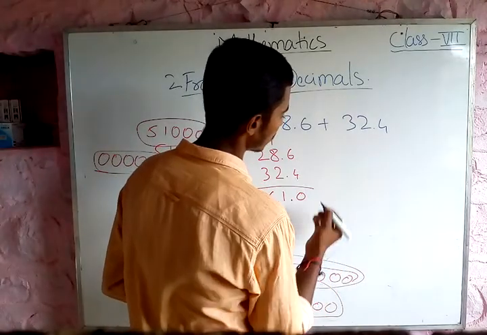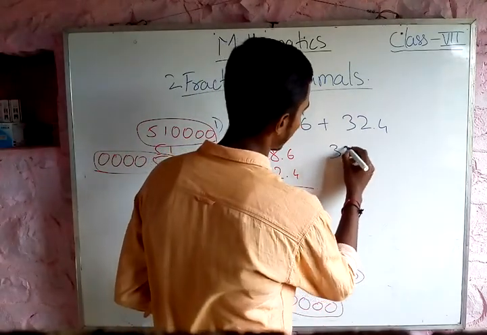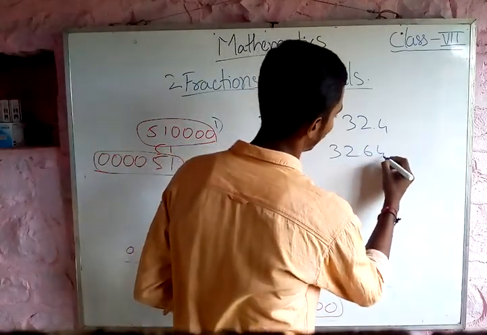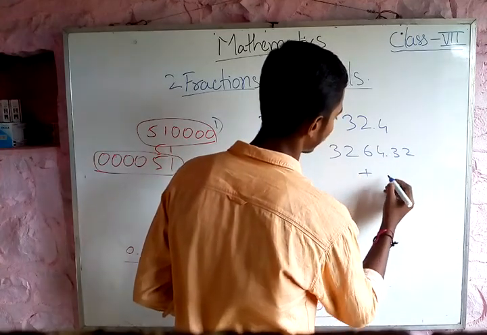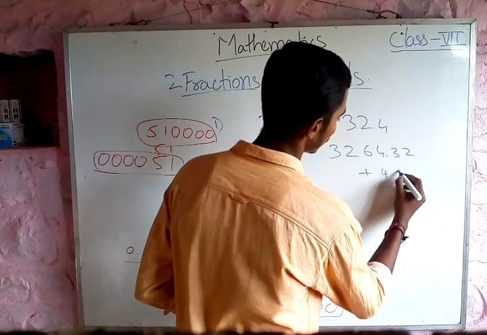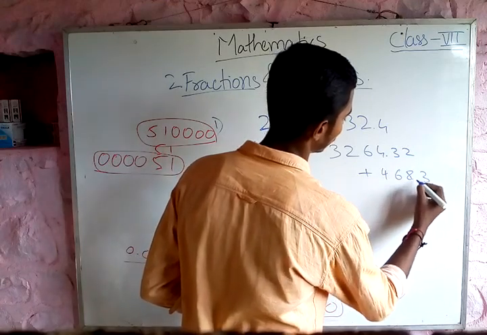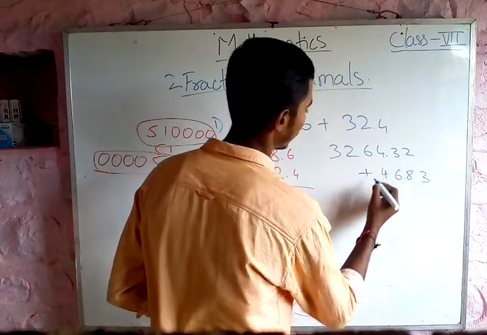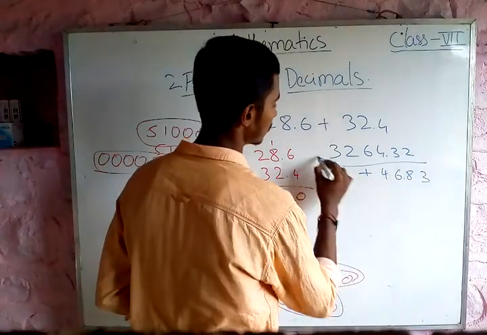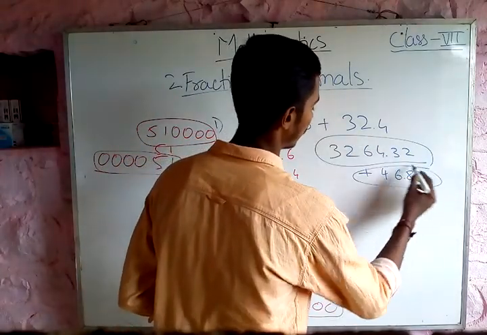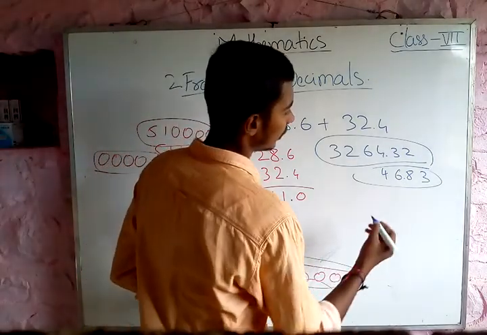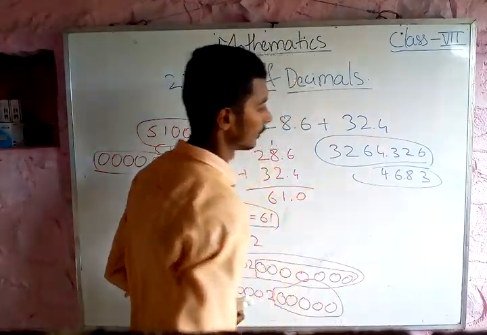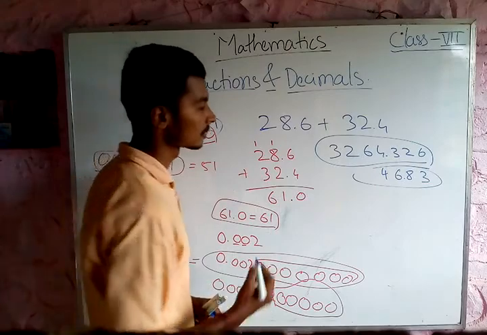If I take another example like 3264.32 plus 46.83, how do we add these numbers?